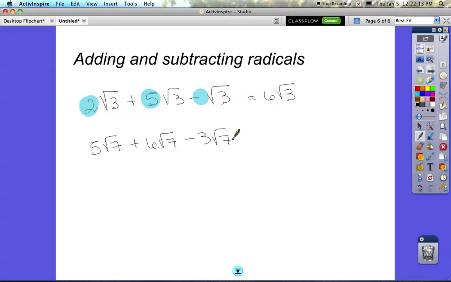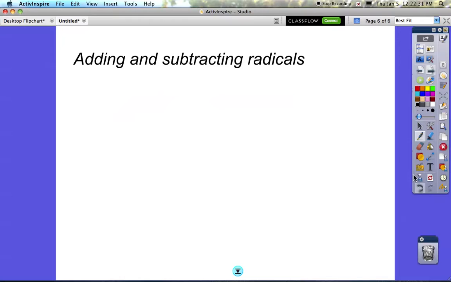Okay, so you've got 5 plus 6 is 11 minus 3, 8 square roots of 7. I was looking at the top. Okay, so those are pretty basic. Those are pretty simple.